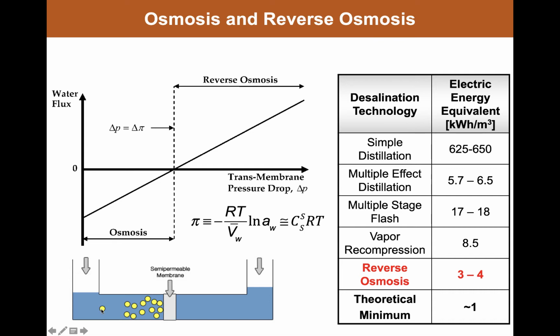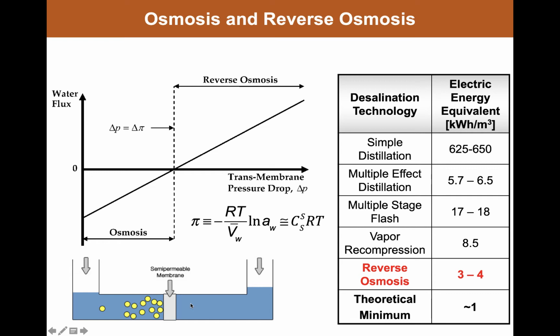The little yellow dots here represent a solute, could be salt or other solute like sugar, almost any molecule that dilutes the water. And so you have a membrane that's selective for the water, but doesn't want to let the yellow solute through it. On the other side of the membrane, on the right-hand side, we have only pure water.